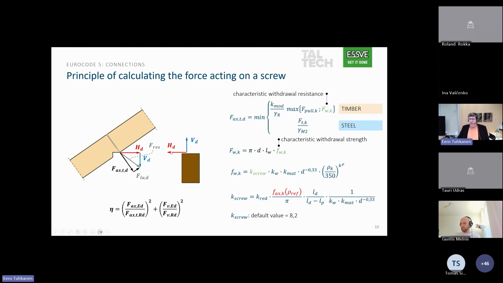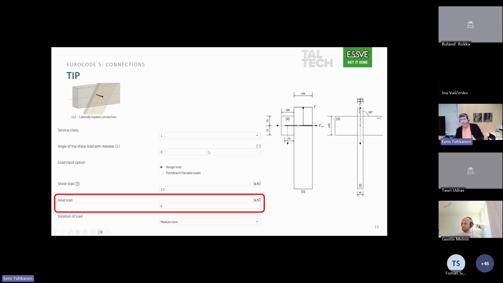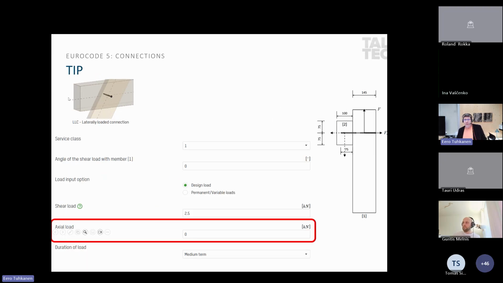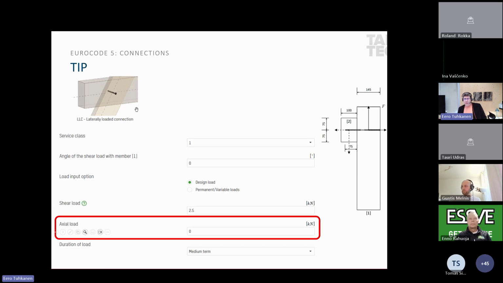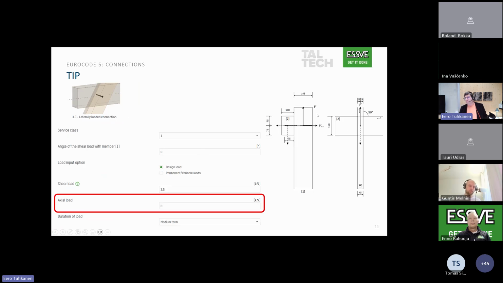So this is the simple principle. Here I have a tip. Enno already mentioned that if you go to the ESSVE calculation software and you choose a laterally loaded connection, then you can see that under the load section, there is, in addition to the shear load, also axial load possible to implement. It means that you can basically model this rafter to sole plate system.